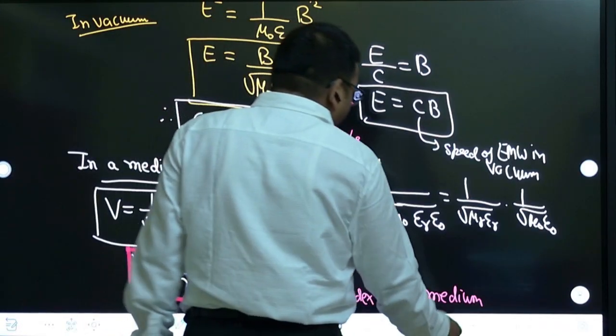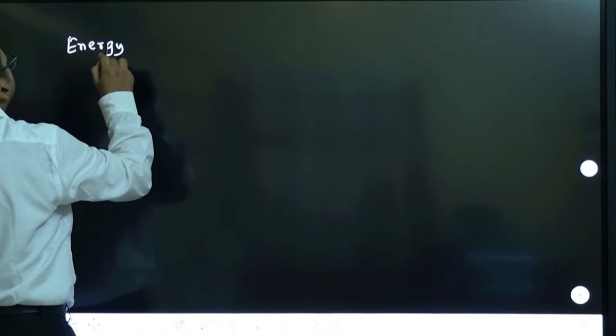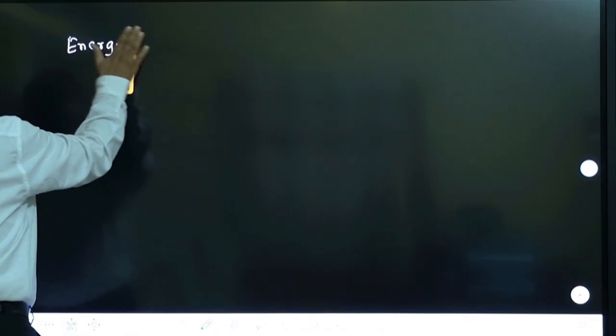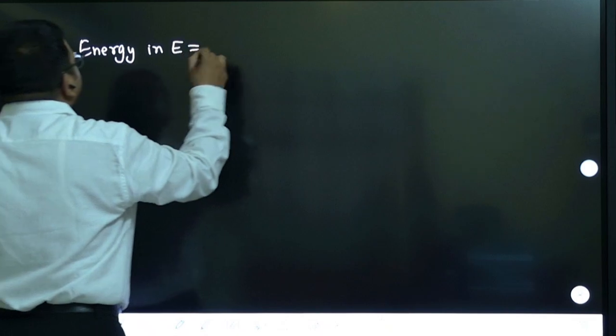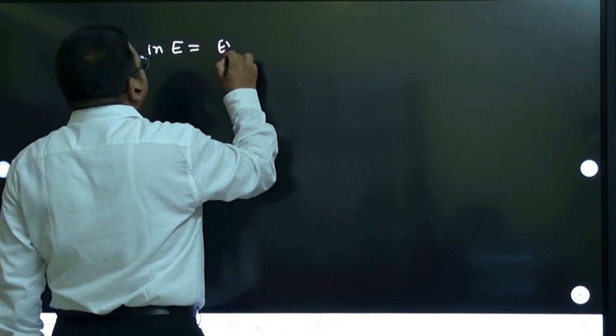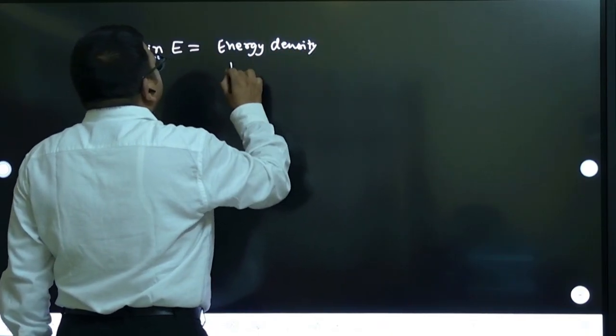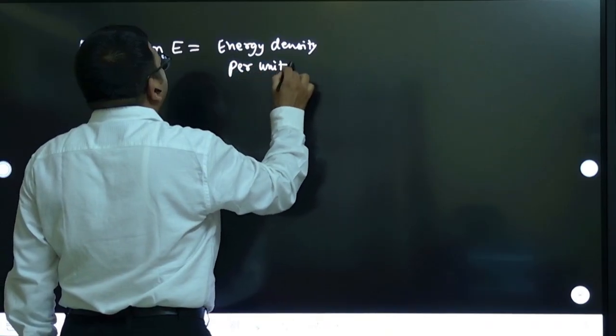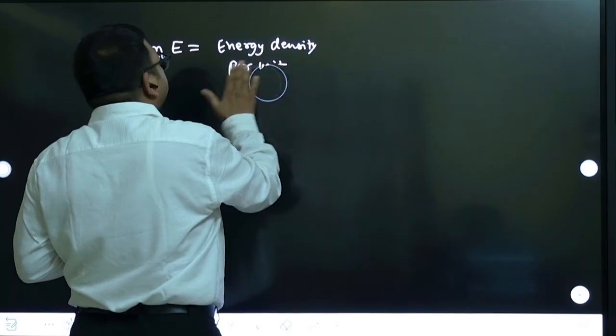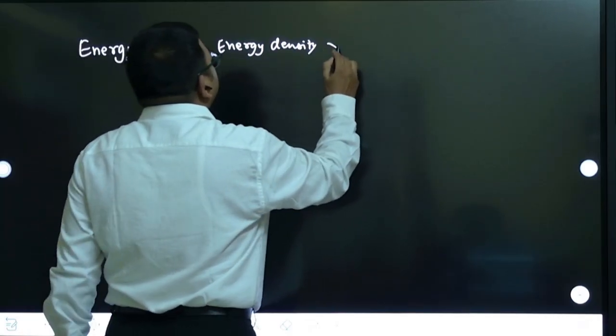Now you need to note an important thing: if I have to write the energy formula, what is energy in the electric field? Energy density means energy per unit volume, so multiply with volume.